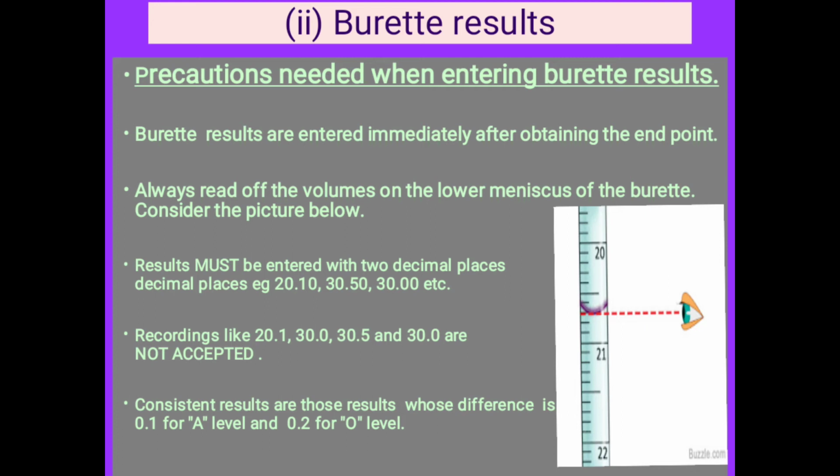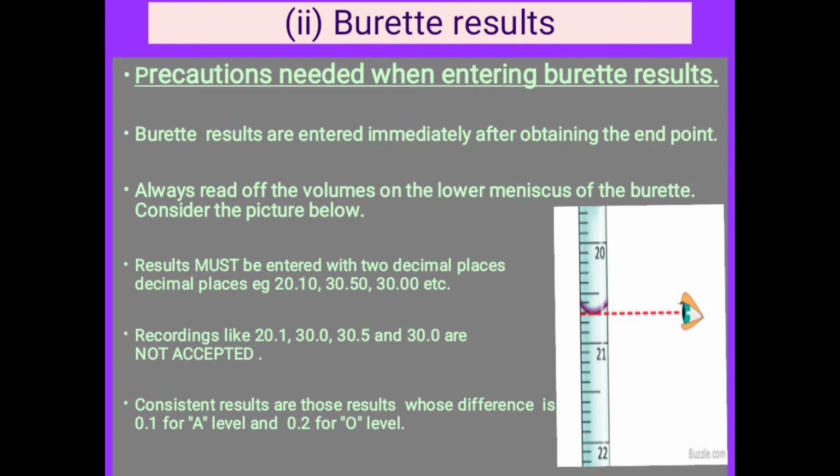Okay. Another thing is how to identify the consistent results. Consistent results are identified by looking at the differences. The differences in the values we get should not go beyond 0.2 for O levels, while for A level students, the difference should not go beyond 0.1.